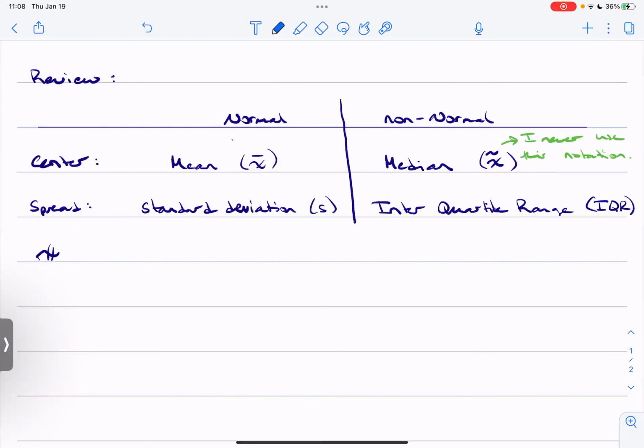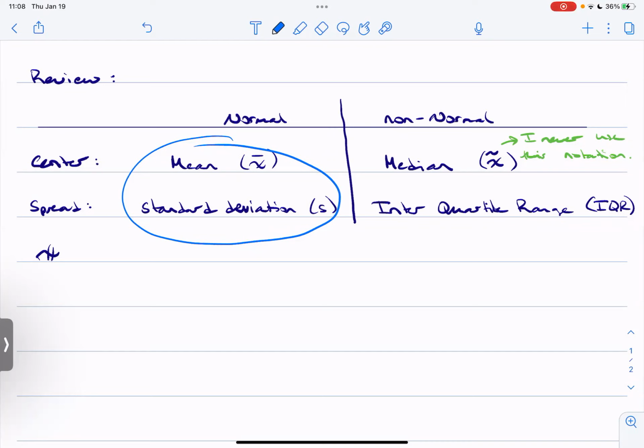But what I was saying is that the reason we have these different measures of center and spread is because the mean and the standard deviation are going to be pulled, but mostly we talk about the center. The mean is pulled in the direction of extreme values.